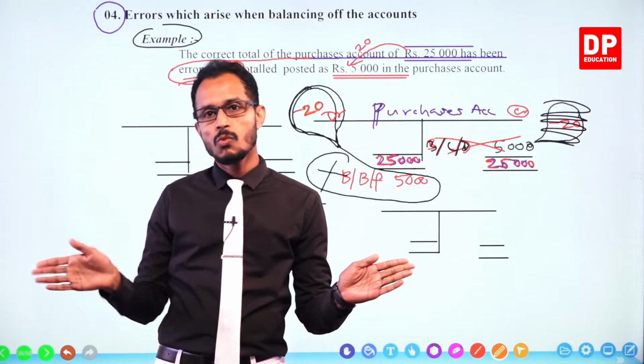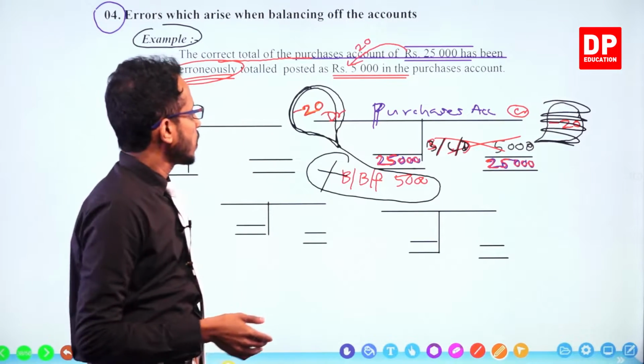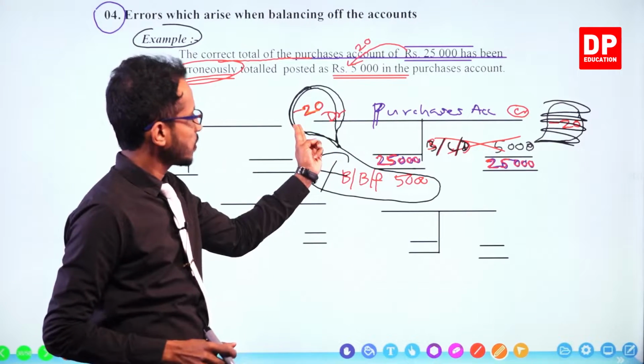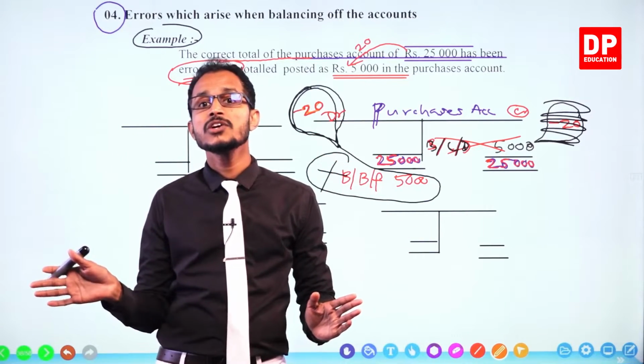When correcting, one entry goes to the suspense account, right? So purchases debit 20, suspense credit 20.